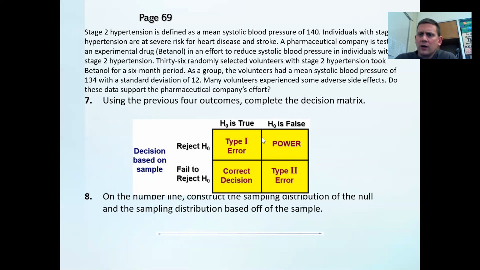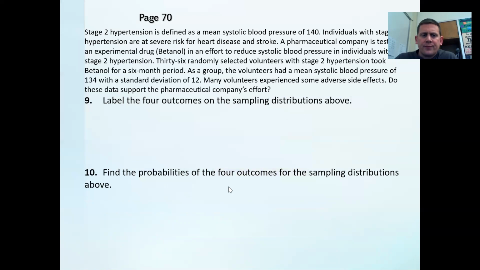Based on what we just talked about, the decision matrix compares the two. We're not going to do that on a number line. Reject the null when the null is true: that's type 1, that's alpha.